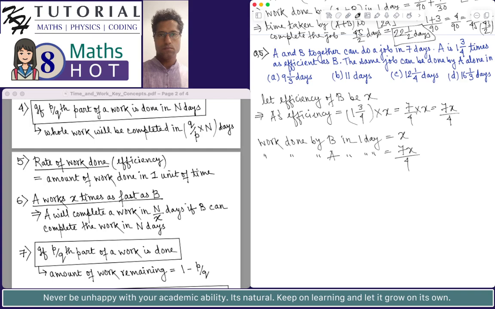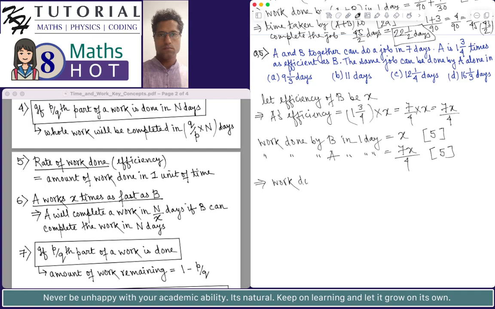Now, when we are saying that work done by B in one day is X, which is the efficiency of B, the concept I applied is concept 5.